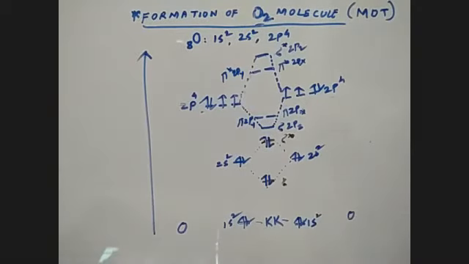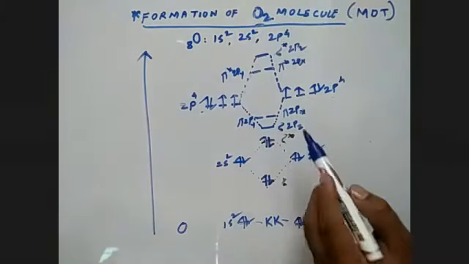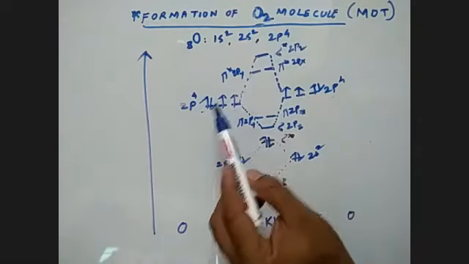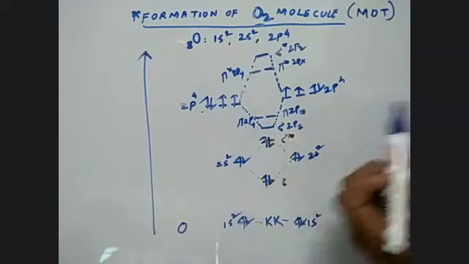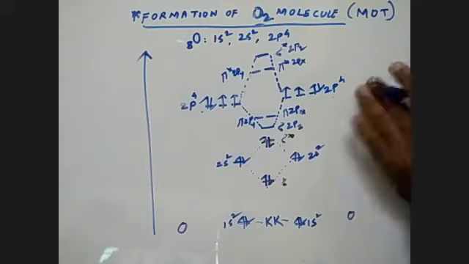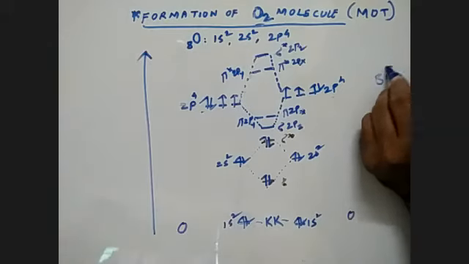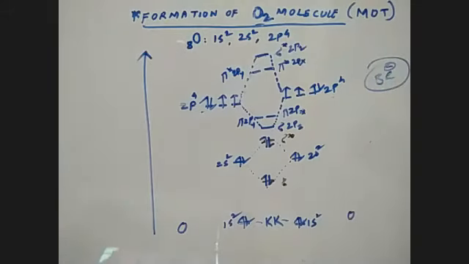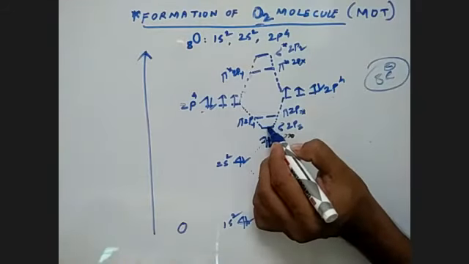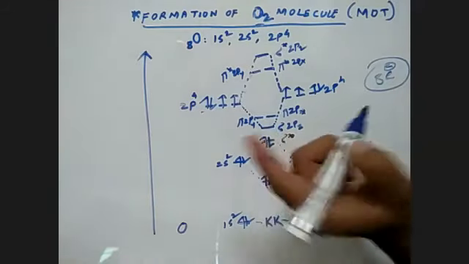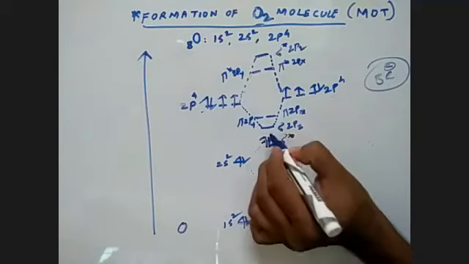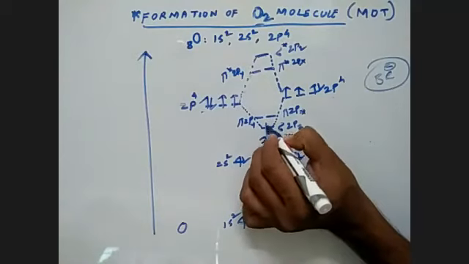Now filling of electrons is very important. See how we will fill this. First count all. 2 plus 2, 4 plus 4, 8. We have 8 electrons. Now how will we fill this? Very simple, 8 electrons. First fill the low energy. The capacity of one MO is 2. So out of 8, 2 here.